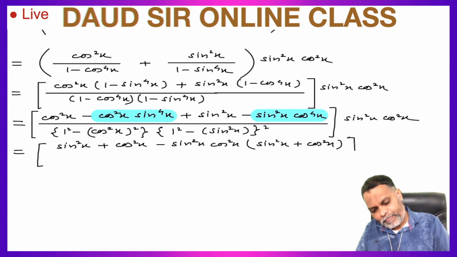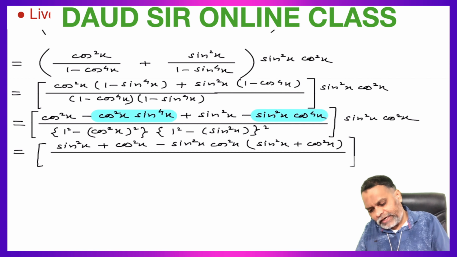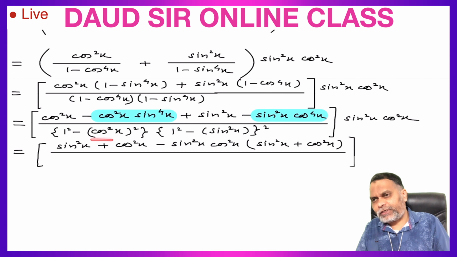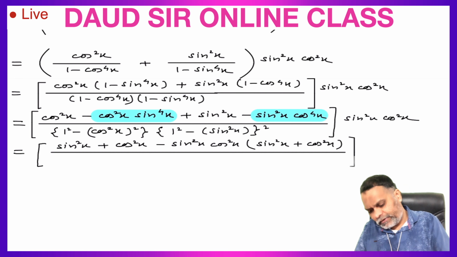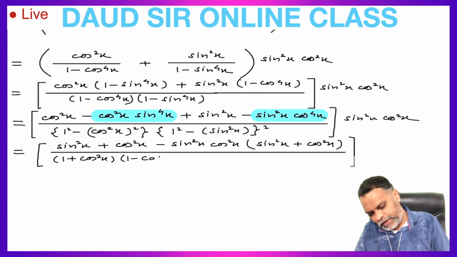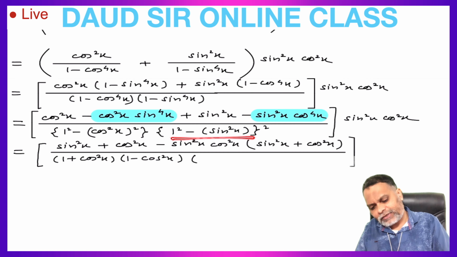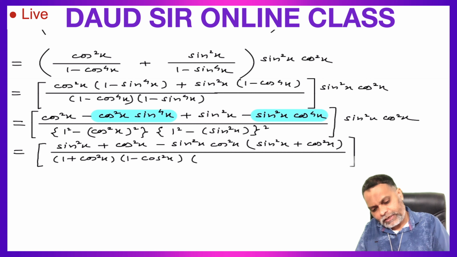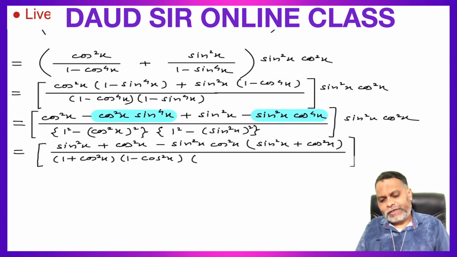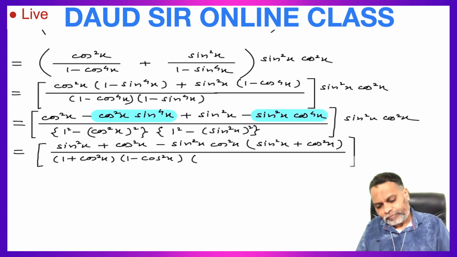Upon, in the denominator we can apply the identity a square minus b square equals a plus b into a minus b. So it is 1 plus cos square x into 1 minus cos square x, into 1 square minus sine square x whole square.